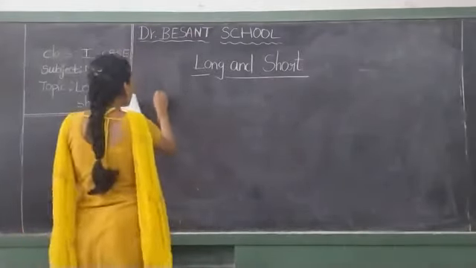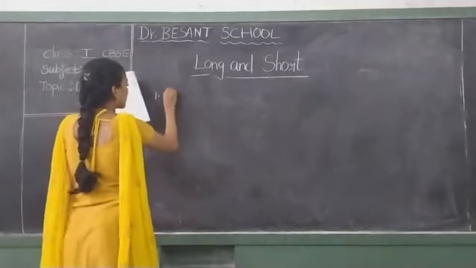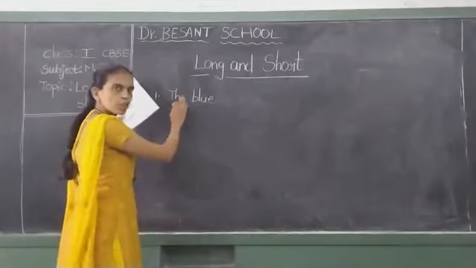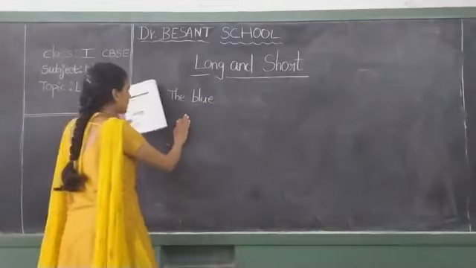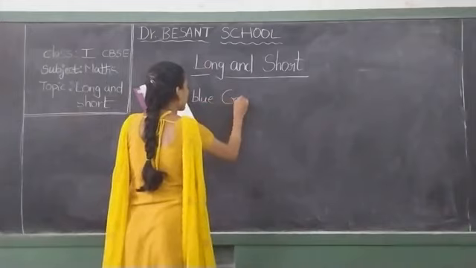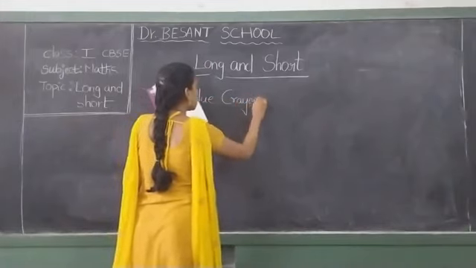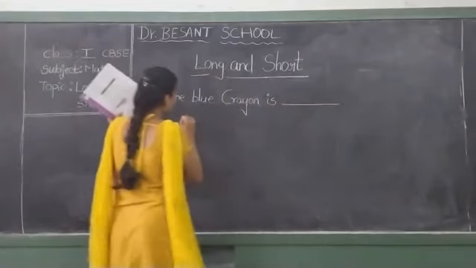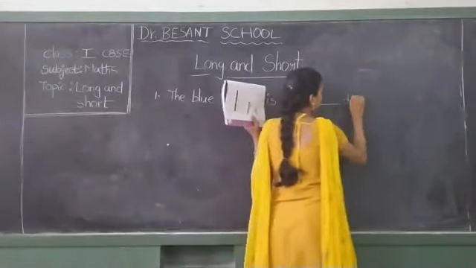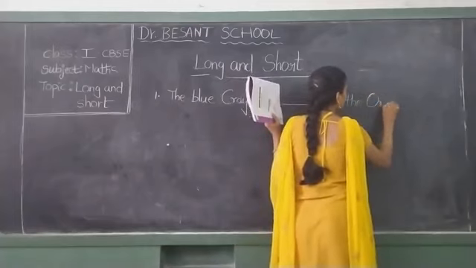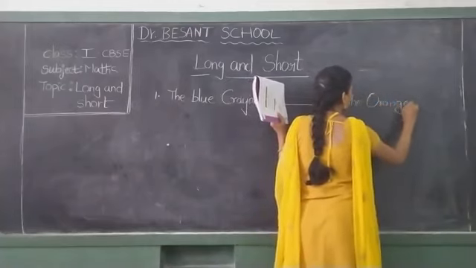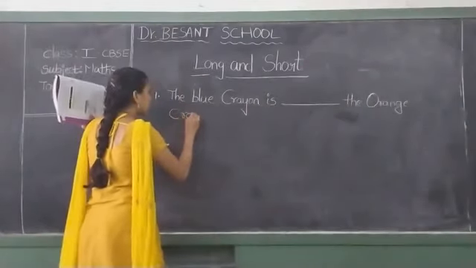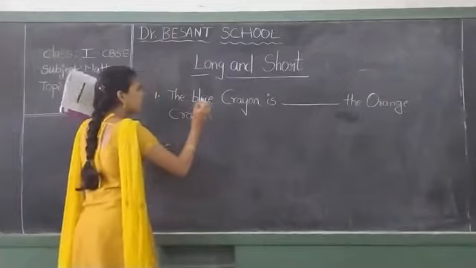Okay. What is the first one given? The blue crayon. I am writing the question on the board for your convenience. Okay, the blue crayon is dash the orange crayon. So tell me, children, which one?